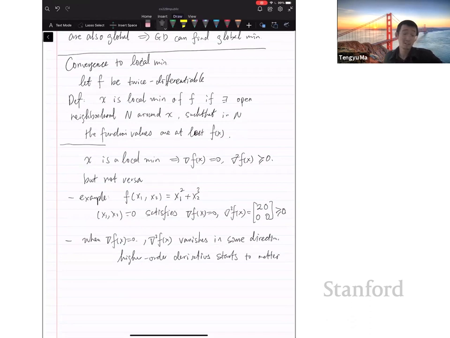And actually, if you look at the hard instances of the NP hardness, or the intractability results about optimization, basically all the hard cases happen when you have to deal with higher order derivatives, like fourth order derivatives.